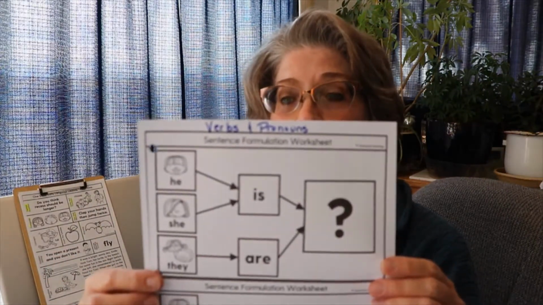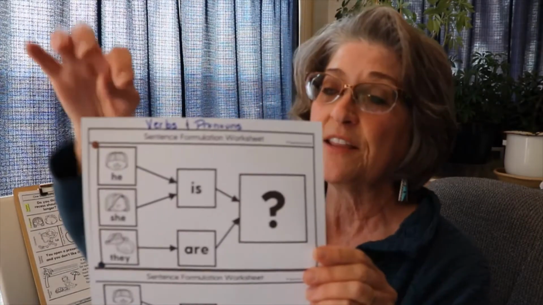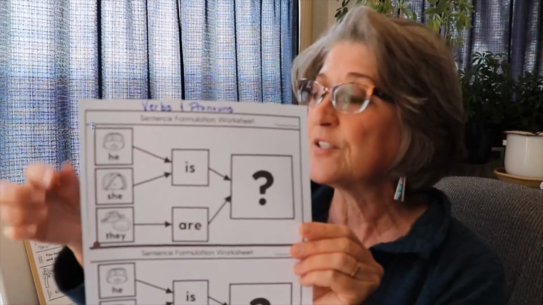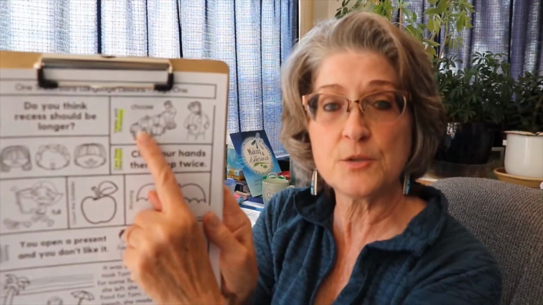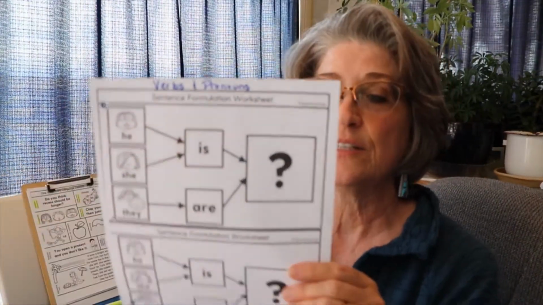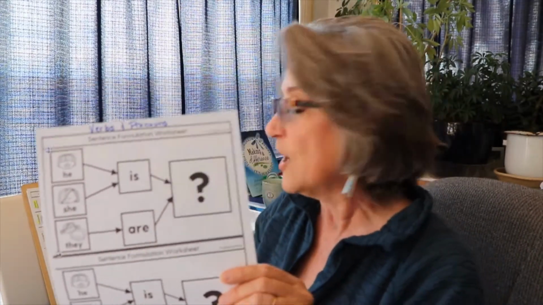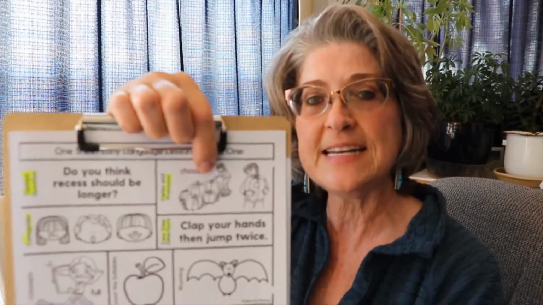The worksheet page to use with that, the verbs and pronouns page, you can have your child make a complete sentence. And for some of our children, this is a really great tool because some of our kids don't yet make a complete sentence. So you would look at the picture and you would help your child say, what is the boy doing? He is choosing a pumpkin. So you would finish that sentence with them. We also want to focus here on the proper pronoun, the fact that we use the word he for a boy.